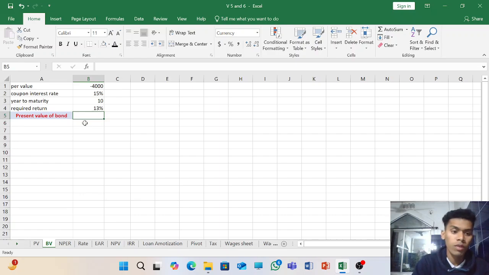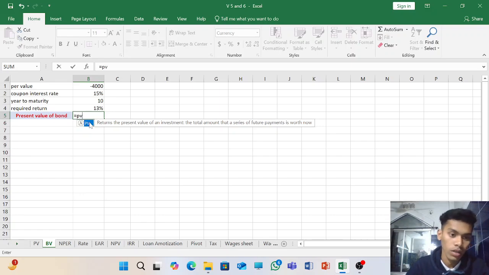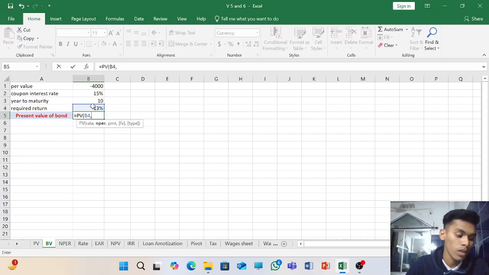The formula of the bond value is equal PV. Okay, so PV, double click, and then we can see the required return. We click the required return, comma, and the year to maturity is 10, comma, and the rate times par value.